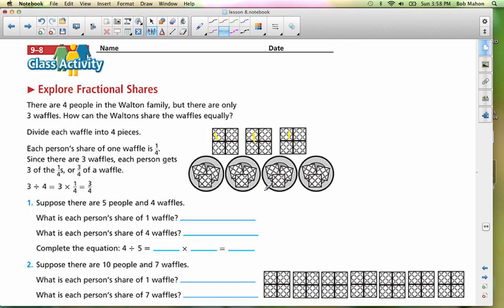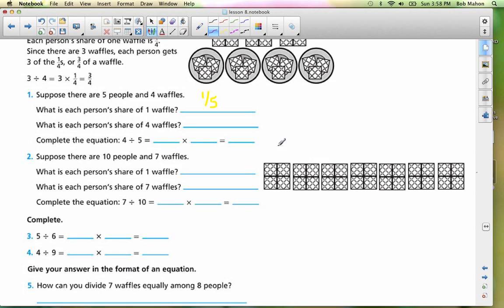So what if we had 5 people and 4 waffles? Well, let's start with what each person's share of 1 waffle would be. If there was only 1 waffle and 5 people, you'd get 1/5 of the waffle, right? That kind of makes sense. You can't have the whole entire thing. You can only have 1/5 of it. So if there are 4 waffles, what's a person's share?